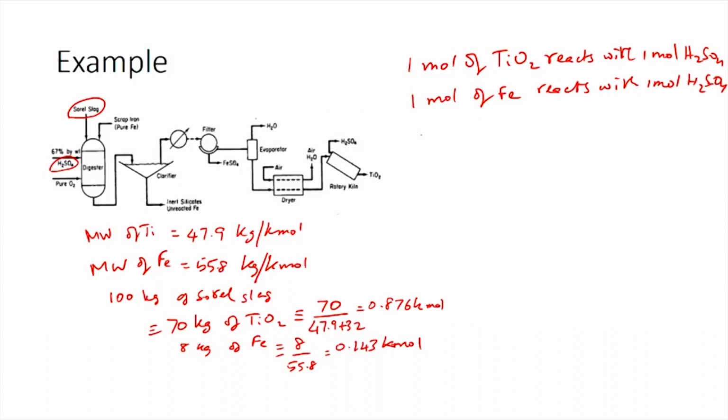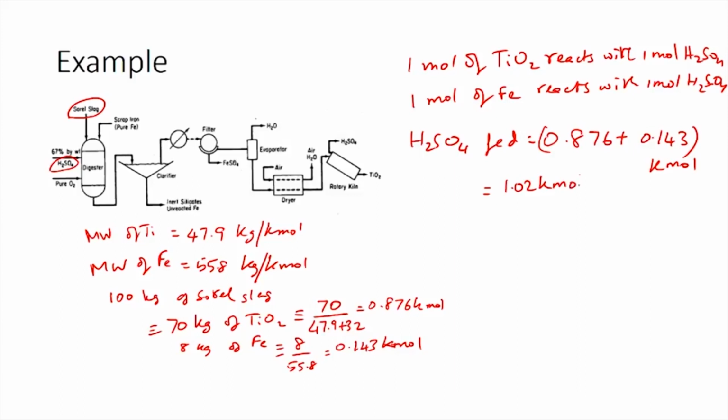So, H2SO4 fed would be equal to 0.876 kilomoles plus 0.143 kilomoles, which is the number of moles of TiO2 and iron fed in the form of sorrel slag. So, the amount of H2SO4 fed is 1.02 kilomoles.